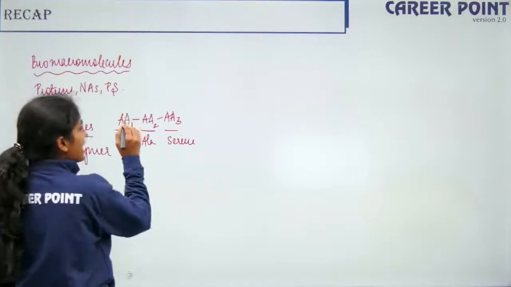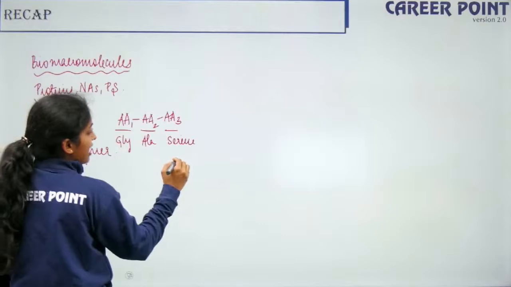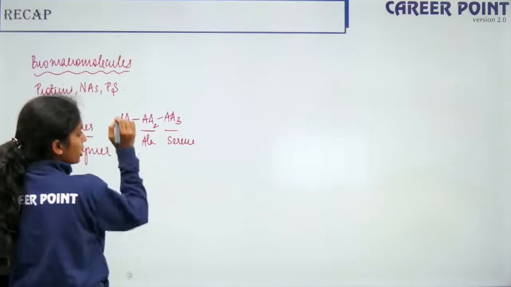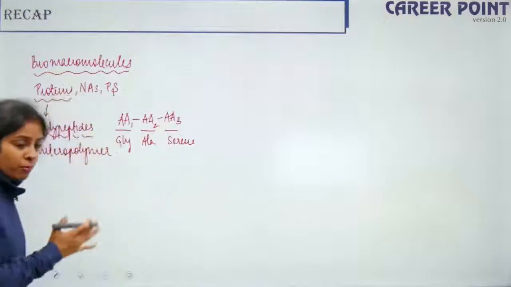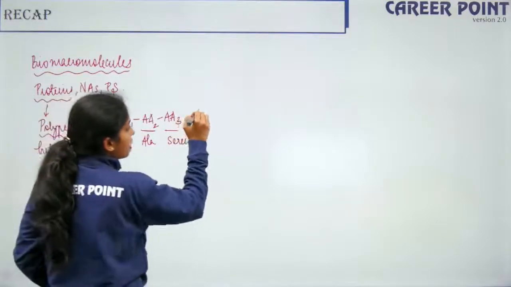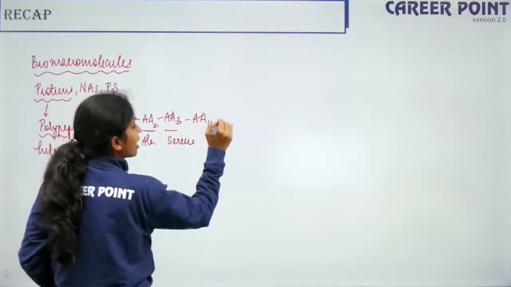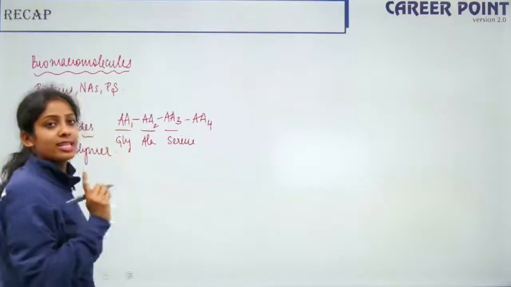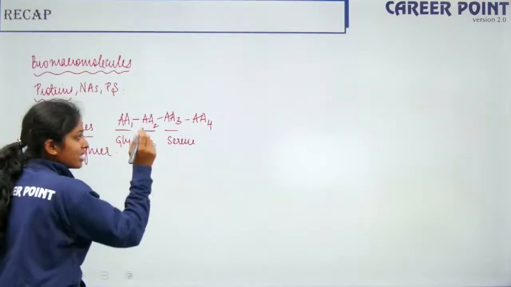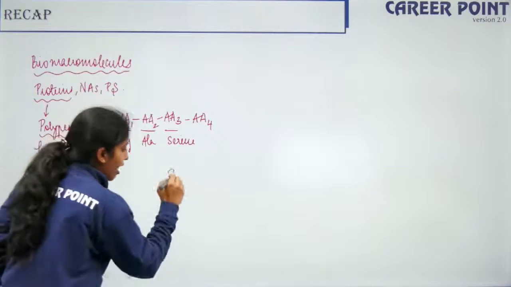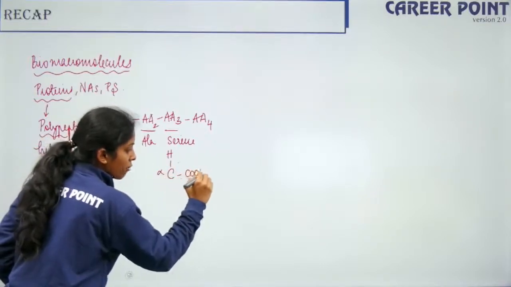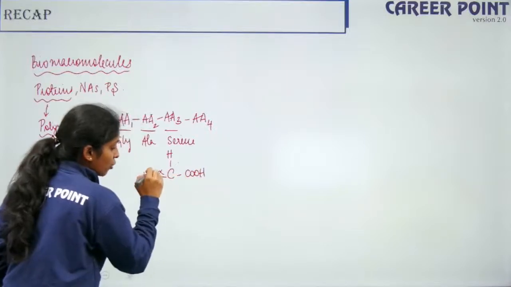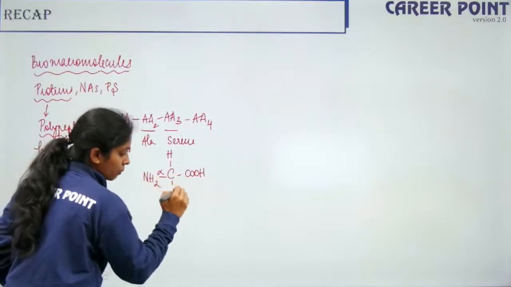So if you see, I never added an amino acid like this. I never wrote amino acid 1, 2, 3, but instead I wrote it from left to right, not from right to left, right? So always remember, we add a new amino acid only towards the right hand side and not towards the left hand side. So recollecting the structure of amino acids, we have an alpha carbon, a hydrogen, a carboxyl group, an amino group, and an R group.